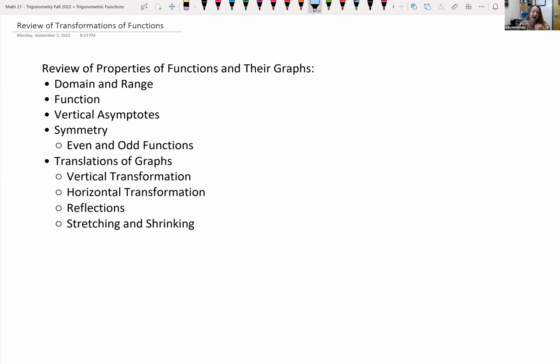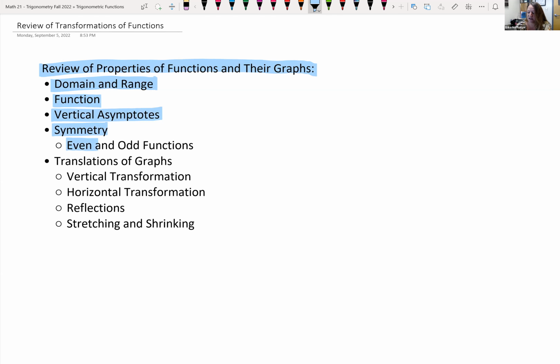Before we do that, I wanted to review a little bit of college algebra for you that would help us when we start graphing these functions. This is just a very quick review. In this lecture, we want to review the properties of functions and their graphs. We're going to look at the domain and the range, and define what a function is. We're going to look at vertical asymptotes and symmetry.